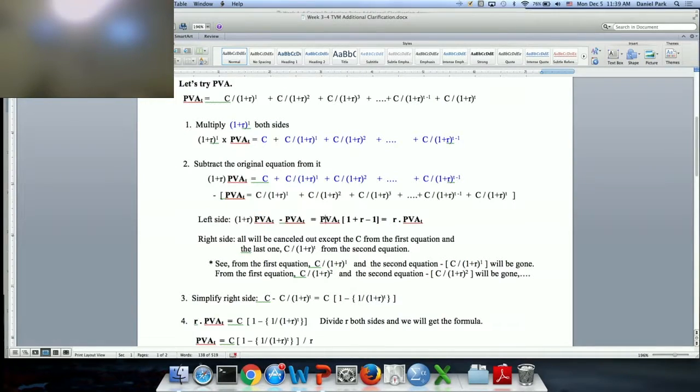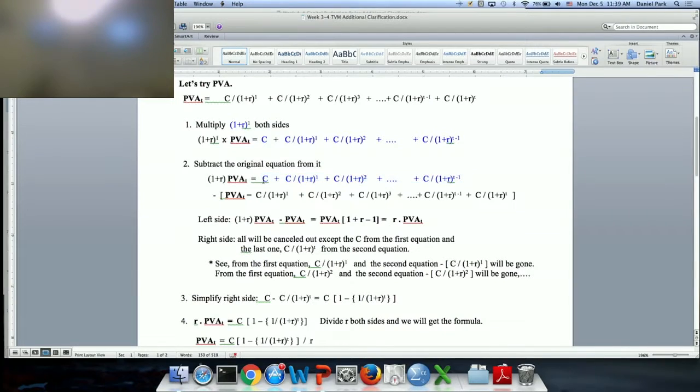We pull out PVA: 1 plus R from the first one, and minus 1 from the second. Then the 1 and 1 cancel out, only R left. So this is the same as R times PVA. And then move to the right side. Look at the right side, it's interesting.